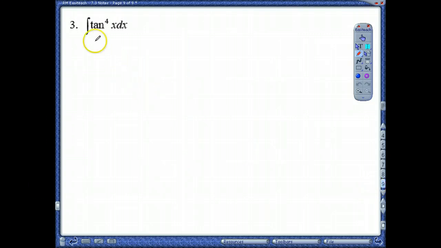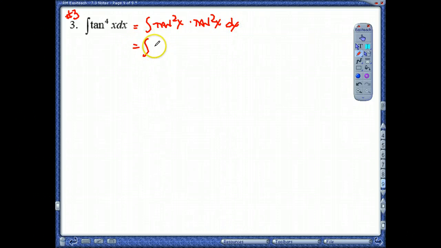All right, so number 3 is type 3. I've got tangent to the fourth, so I'm going to split it apart. Okay, so I'm going to do tangent squared and tangent squared. I'm going to change one of those tangent squareds into secant squared, because right now I don't have my u sub.